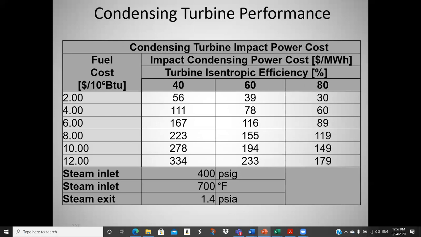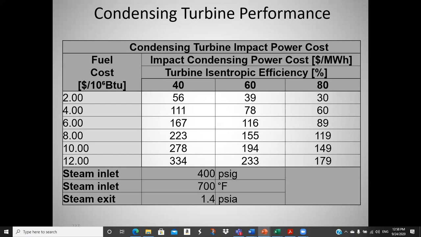Now, I have seen industries that were going to have to vent steam or throw energy away regardless, and so some of them run condensing turbines because at least they get something out of it before they throw it away. But generally speaking, if you're buying fuel to make steam, to put it into a condensing turbine, and you're trying to compete with a power company, you're going to lose.